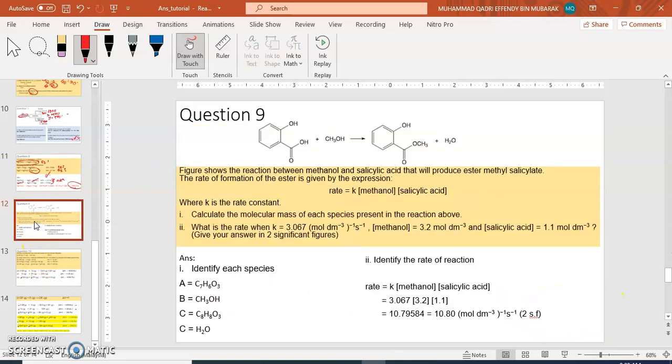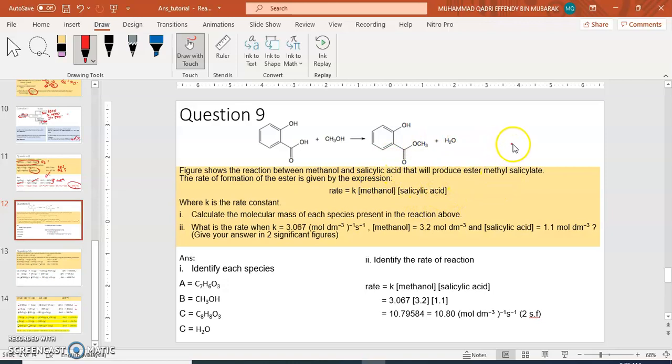And then question 9. This question shows the reaction between methanol and salicylic acid that produces the ester methyl salicylate. The rate of formation of the ester is given by the expression rate equals K, concentration of methanol, and concentration of salicylic acid.